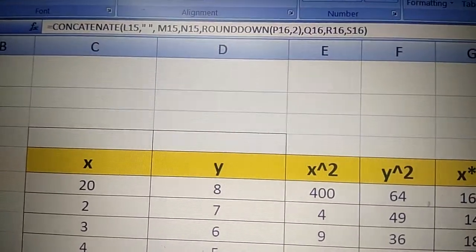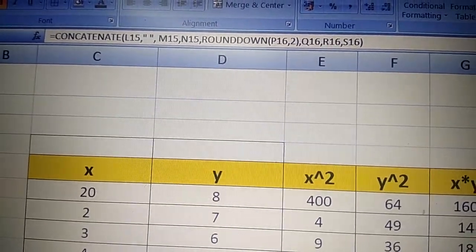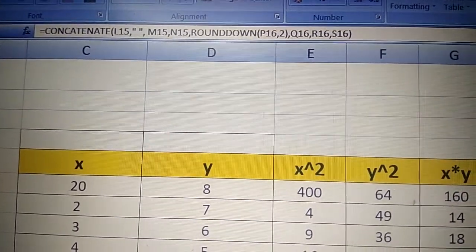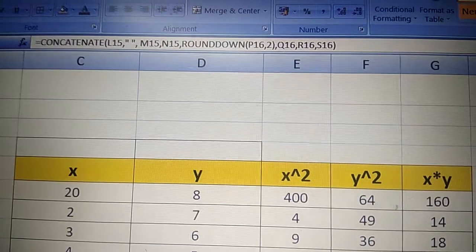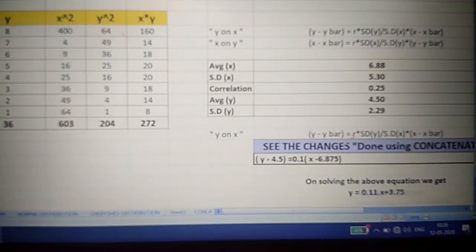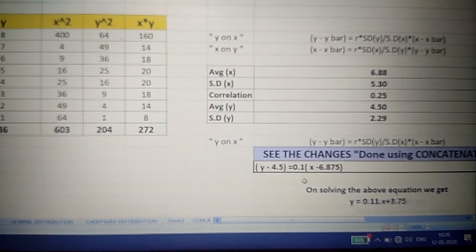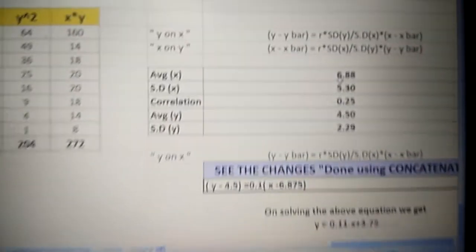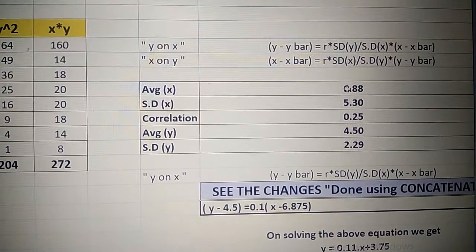Why has round down been done? Because the value of correlation was very high, so it was rounded down to 2 places. So you have to make use of this formula. However, don't worry about these values, because they will come automatically.